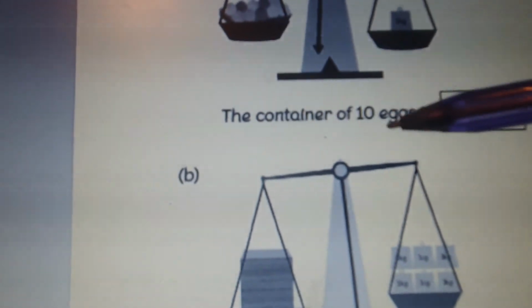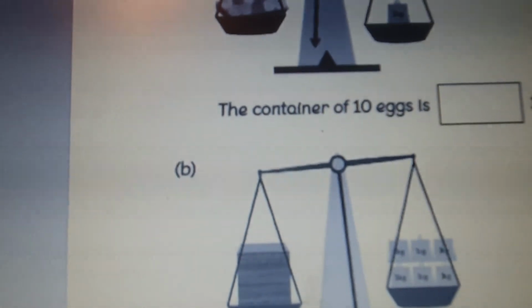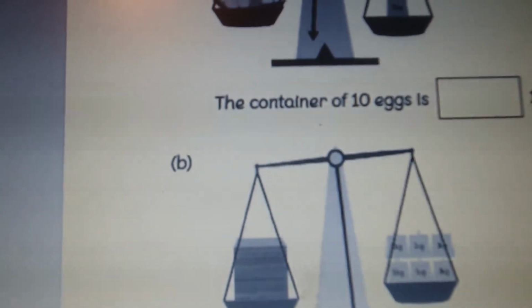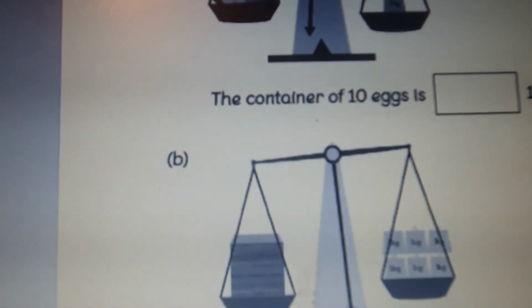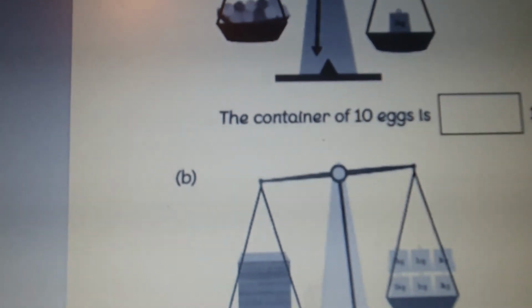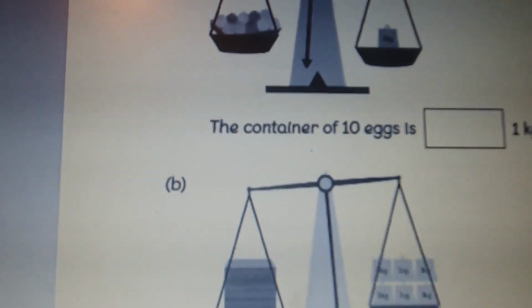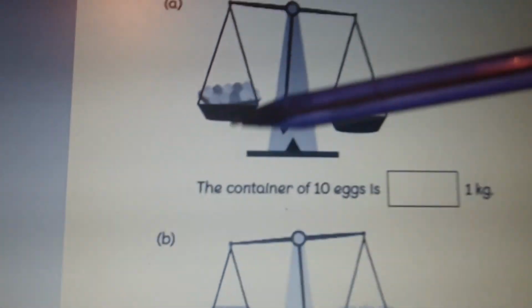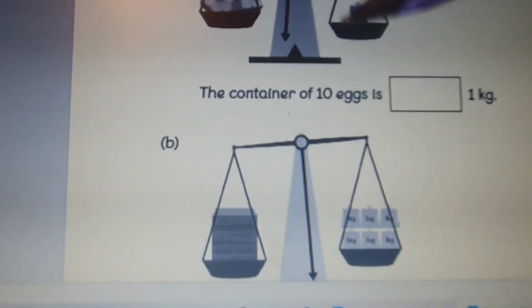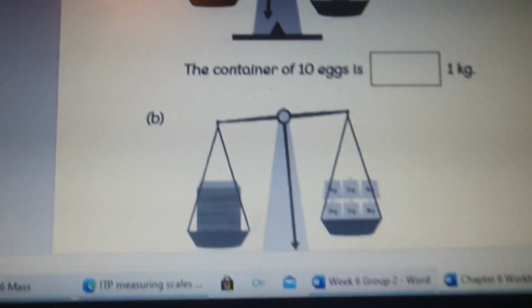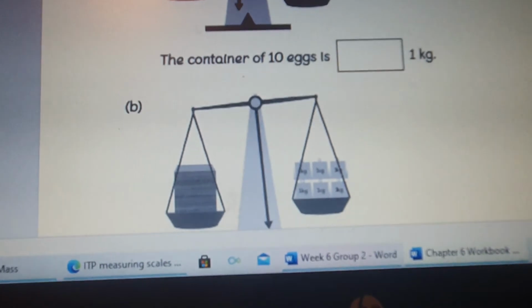So the container of 10 eggs is more than or less than? It'd be less than, wouldn't it? Because a kilogram is more than, so this is heavier and this is lighter. So what's the question asking? The container of eggs is what than 1 kilogram? They're your options: less than, more than, as heavy as.